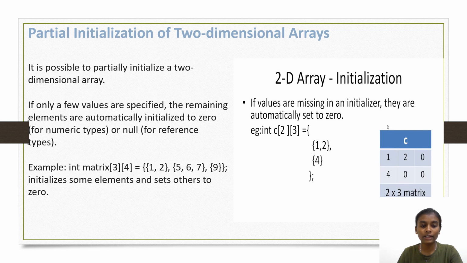For example, we can take a 3 by 4 matrix and use 1, 2 and 5, 6, 7 and 9. This initializes those elements and sets the others to 0. Similarly, if values are missing in an initializer, they are automatically set to 0. Example in C, 2 by 3: 1, 2, 4, and we close the brackets.